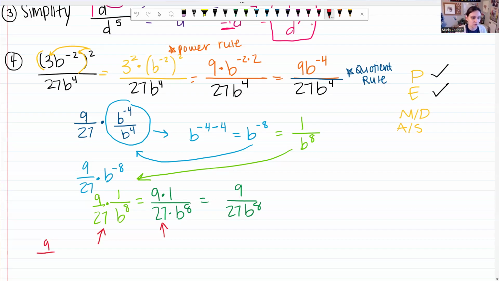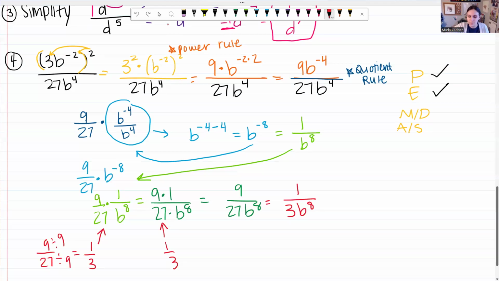Both 9 and 27 are divisible by 9. So if I divide both of these numbers by 9, that gets us a fraction of 1/3. So where you see a 9 over 27, it is really a 1 over 3. So we have 1 over 3 times b to the 8th power, or 1 over 3b to the 8th.